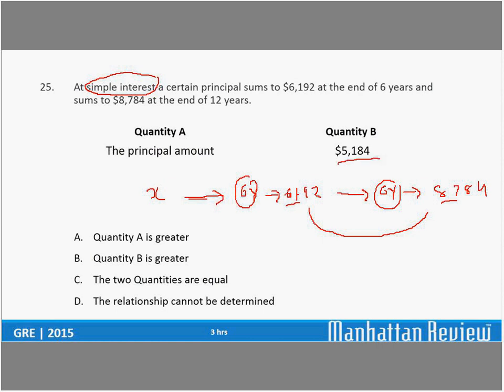So obviously quantity B should be greater than quantity A, by rough estimation, without doing calculations. You can find exact values, but you can estimate.